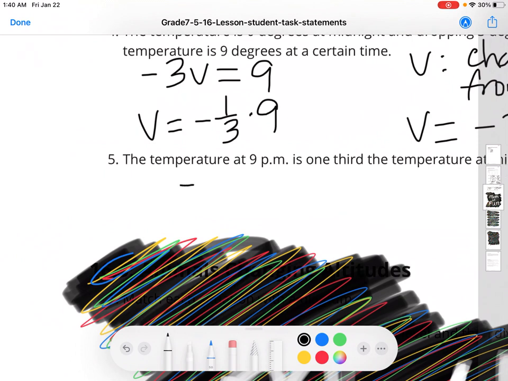So one equation would be -4 equals 1/3 times V, or -4 times 3 equals V.